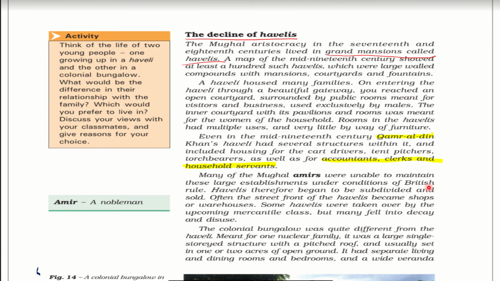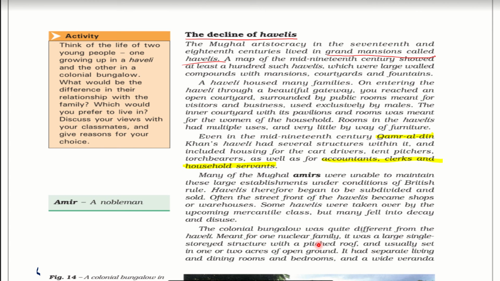Many of the Mughal amirs were unable to maintain these large establishments under conditions of British rule. As British rule came, what did the British mainly do to India? They looted us. They took all our important and precious resources, right? Many of the Mughal amirs, the noblemen, the rich, could not maintain these large establishments under British rule.